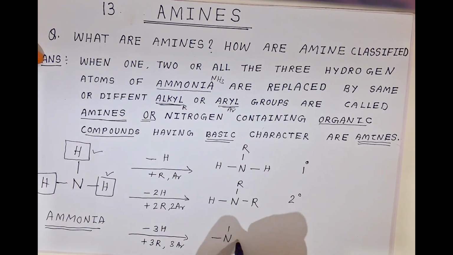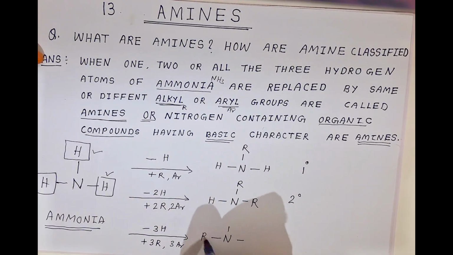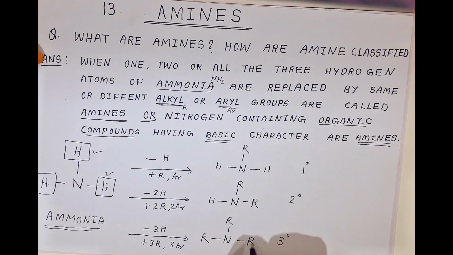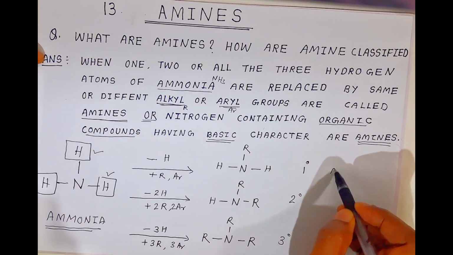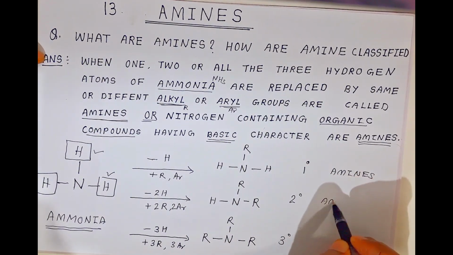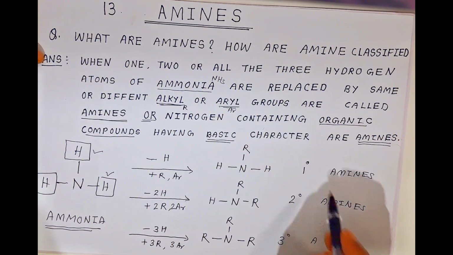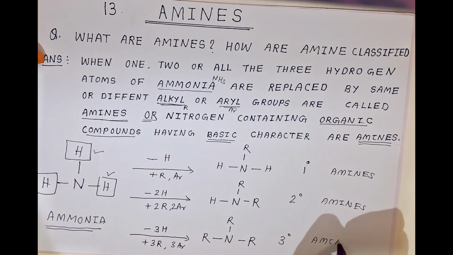Now all the hydrogens of ammonia are replaced by alkyl or aryl groups. I am taking examples for your understanding. This is called a third degree amine. So all these are amines: this is a first degree amine, this is a second degree amine, and this is a third degree amine, which we can say is a tertiary amine. So we get primary, secondary and tertiary amines.